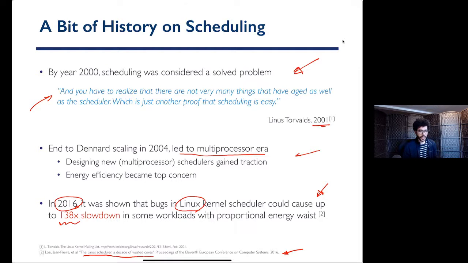We need to rethink operating systems, and scheduling is one of those problems. This is one of my actual interests. I do work on this. So any of you who are interested in scheduling in distributed systems, scheduling in data centers, or even operating systems, this is a topic of my interest.